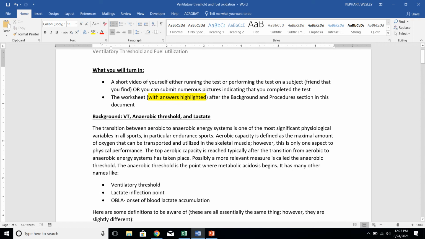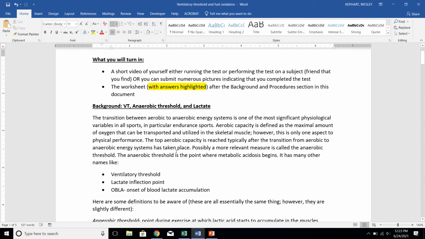So let's get into some background: VT, anaerobic threshold, and lactate. Whenever we're exercising, there comes a point where we increase in intensity, and then we start shifting from mostly aerobic metabolism, like oxidative phosphorylation utilizing our mitochondria, to where we have such an immediate ATP need that we can no longer meet all of that ATP aerobically.